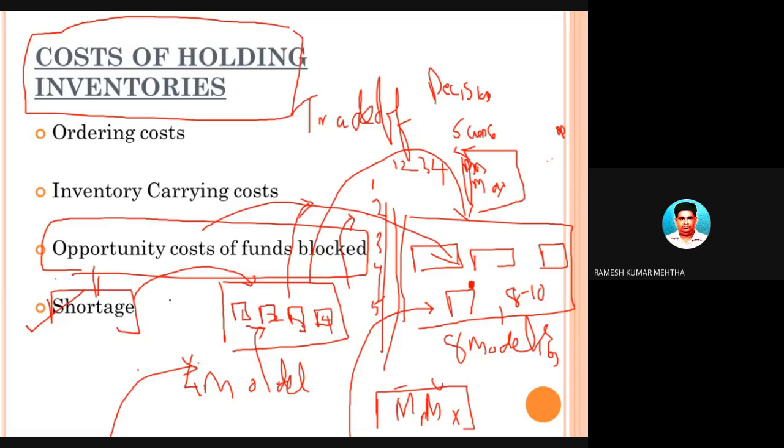That is what you are going to lose. So because of shortage, there can be a cost. The cost is in the form of losing a customer. So I hope you have understood ordering cost, inventory carrying cost, opportunity cost, and shortage. Shortage of inventory, maybe raw material, maybe work in progress, and maybe finished goods.